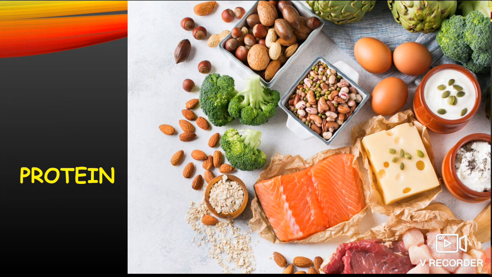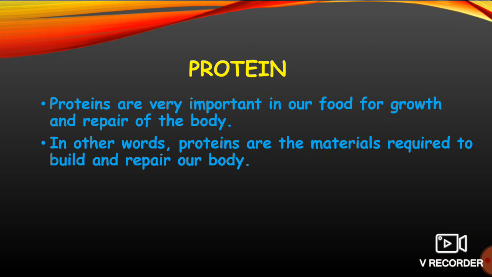Now we'll see another component of food, proteins. They are very important for growth and maintenance or repair of our body. You can say that proteins are the nutrients or materials which are required to build and repair the body. Suppose you are around 10 to 11 years of age.